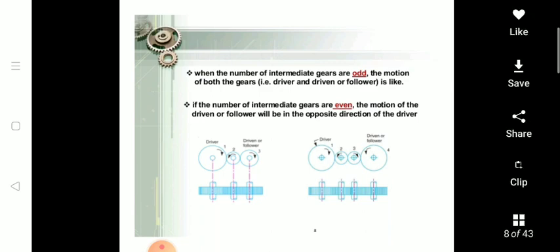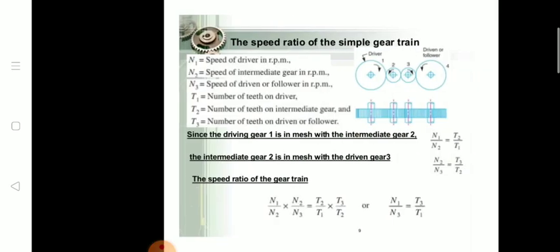If the driver gear is clockwise, then the last driven gear is also clockwise. But if the number of intermediate gears is even, the motion of the follower will be in the opposite direction of the driver gear, right?